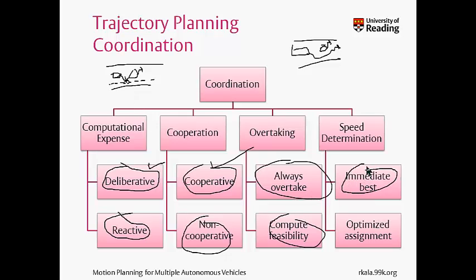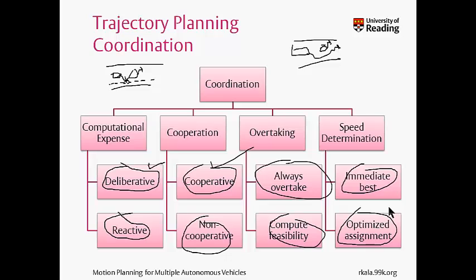And similarly was the speed determination. Some coordination strategies saw the scenario and said that this is the magic speed that you need to fix. And some others tried an array of assignments, say 10 miles per hour, 9 miles per hour, 8 miles per hour, 7 miles per hour, in order to decide the best speed.